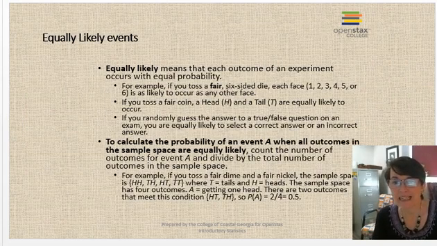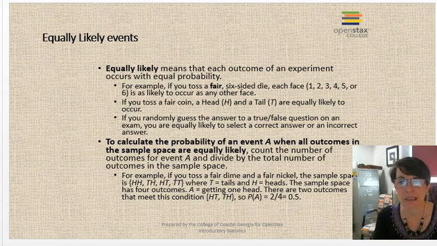So when an event is equally likely, there's an example written there with flipping a coin, or rolling one of the numbers on the face of a die, things like that. We can calculate it differently because they're all equally likely. To calculate the probability of an event A, whatever it is we're after, let's say we want to roll a 2 or we want to flip a coin and get a head, that is the event.